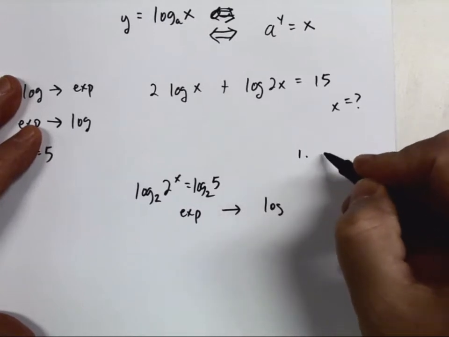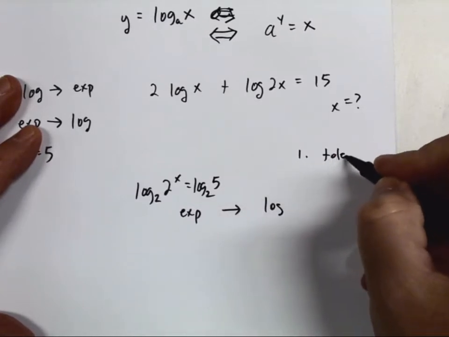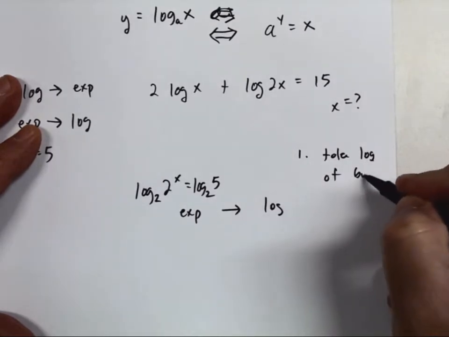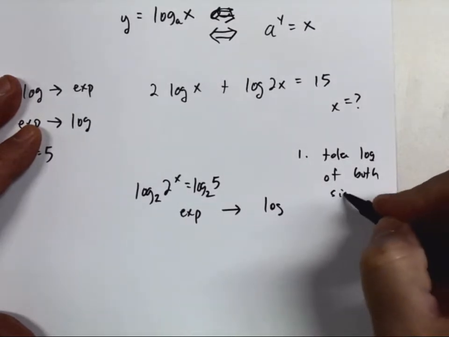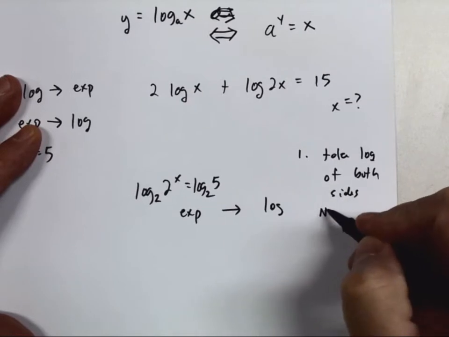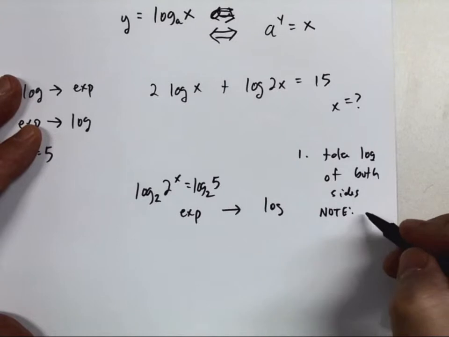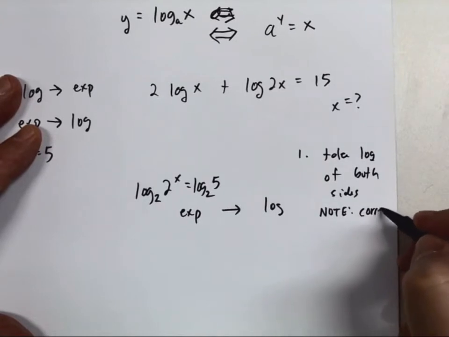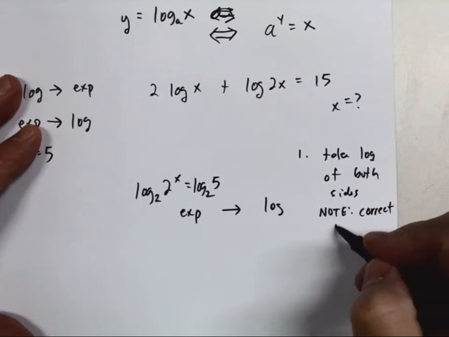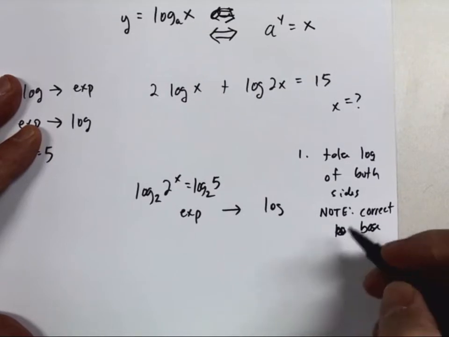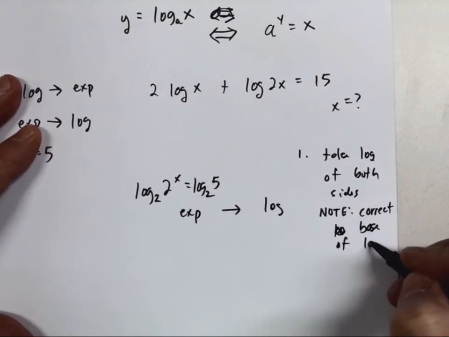So it's almost like the steps are, take log of both sides, and then an important note, I'll just write here, make sure you have the correct base of your log.